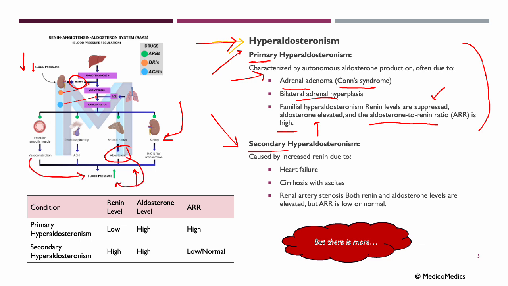Vasoconstriction elevates blood pressure. So whatever increases the reabsorption of sodium and water will expand our blood volume, leading to an elevation of blood pressure. Now, for some reason, what we see here is an over-release of aldosterone.